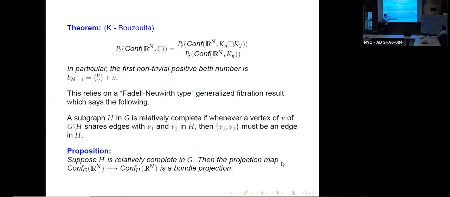It's a relatively complete subgraph, meaning that here's H, here G. If there's a vertex in G with an edge to two vertices in H, these must be linked by an edge in H. They have to be. Otherwise, it will not be a bundle.